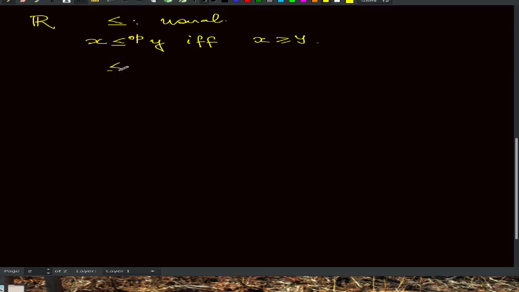Let me write it like this. I say that x is this prime y if and only if both x and y are rational numbers and x is less than or equal to y.